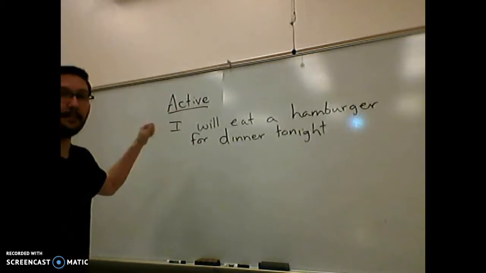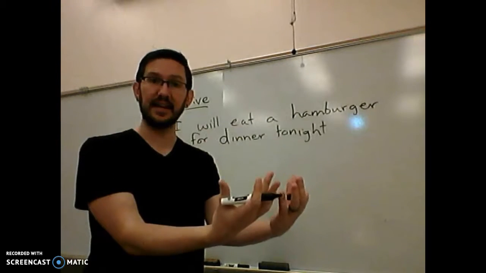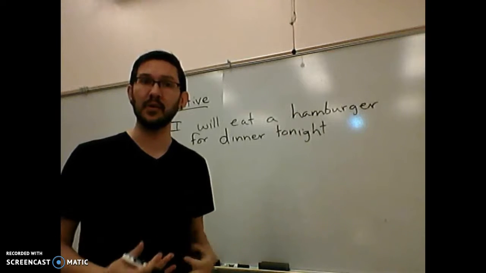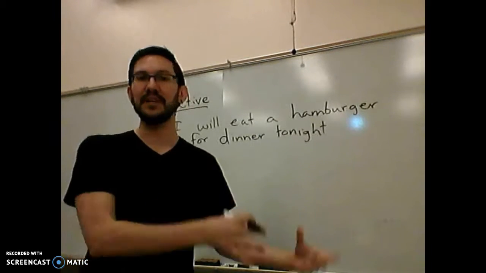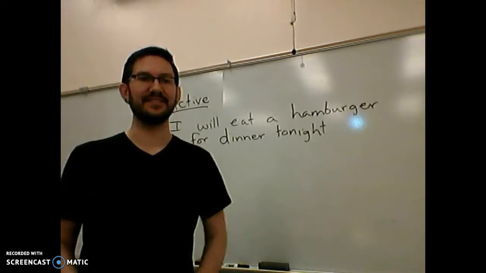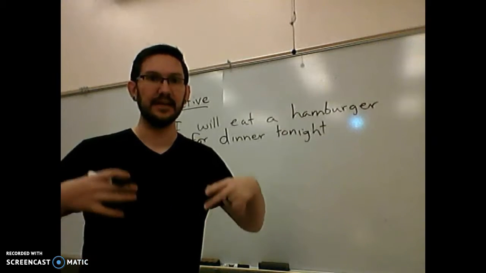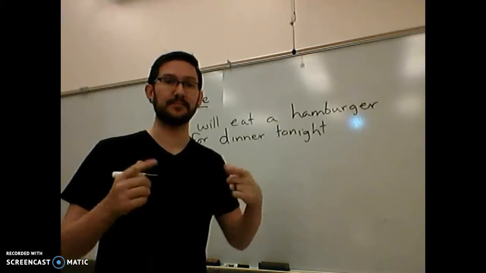Active voice makes an effort to put the person doing an action first. So if there is a person or a thing or a place that is going to be completing an action, performing a verb, then generally speaking, that sentence is gearing itself up to be an active voice.